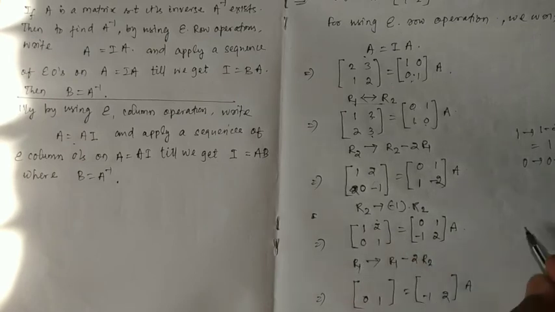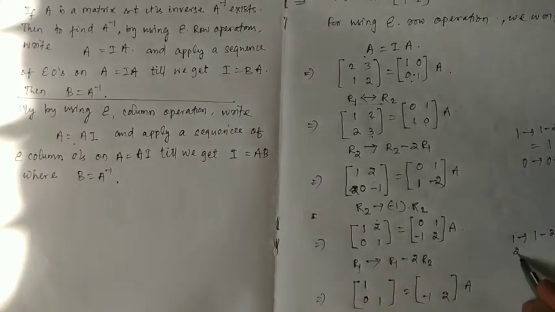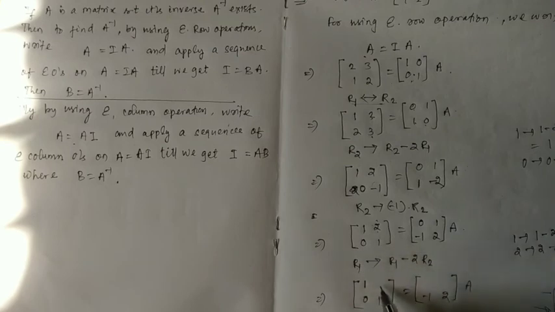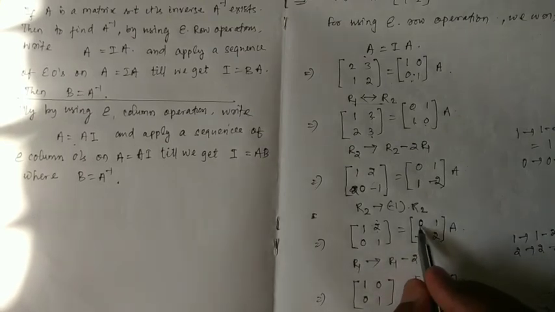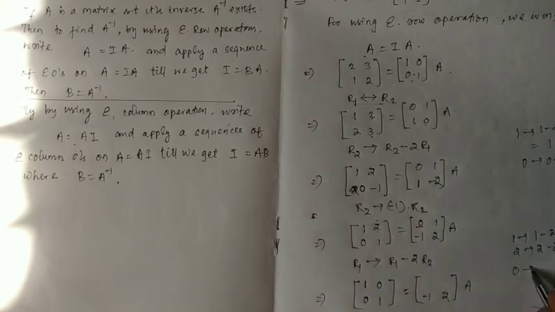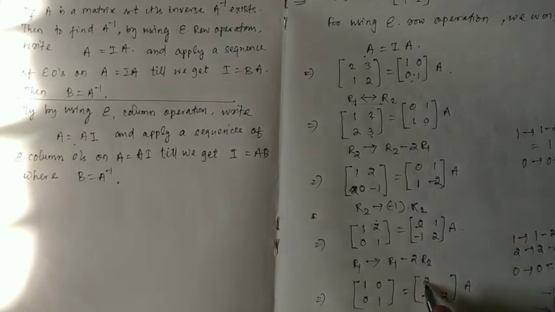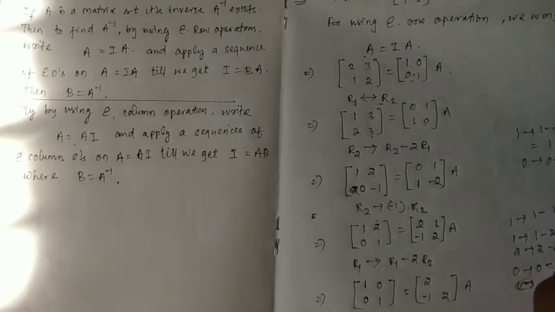Here 1 is replaced by 1 minus 2 times 0, that means 1, and 2 is replaced by 2 minus 2 times 1, that means 0. On the other side, 0 is replaced by 0 minus 2 times minus 1, that means 2, and 1 is replaced by 1 minus 2 times 2, so we get minus 3.